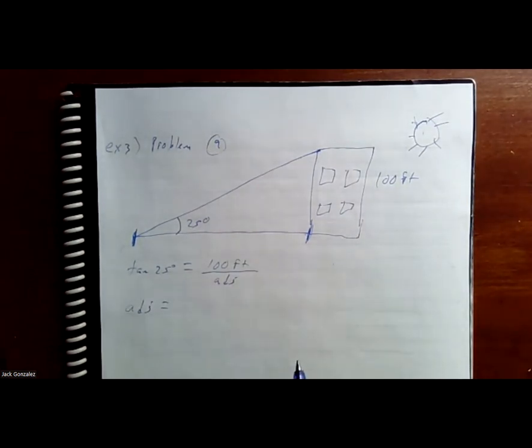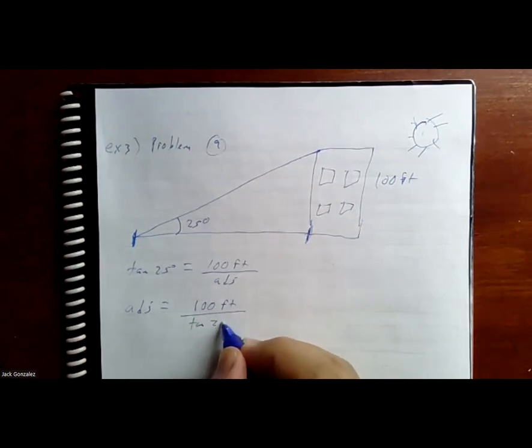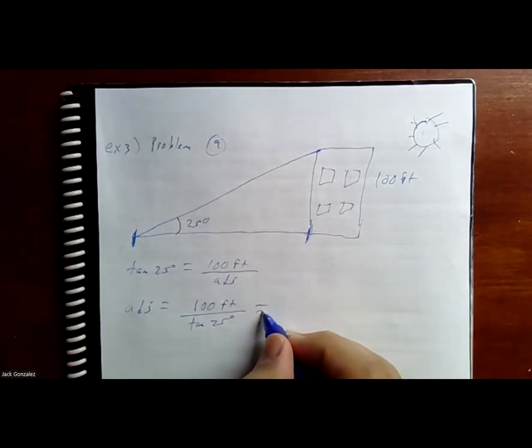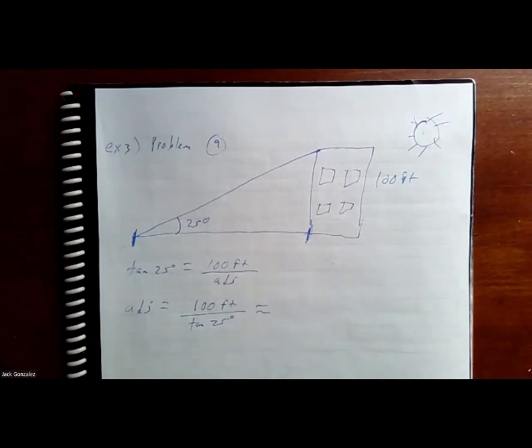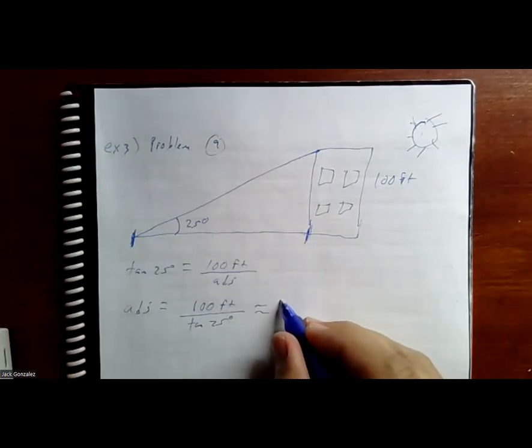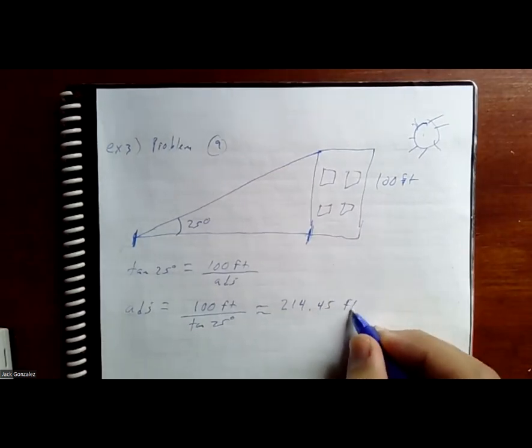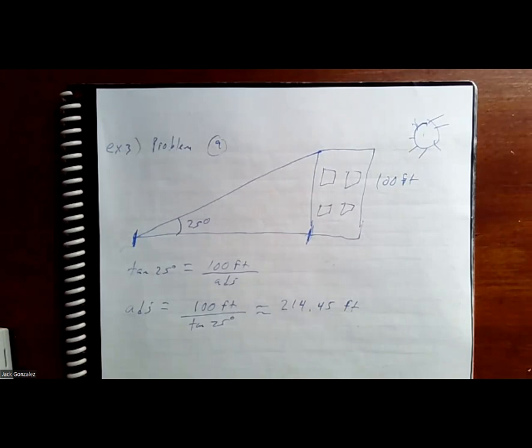Adjacent side will equal 100 feet over tan 25. 214 feet sounds reasonable for a shadow of a building. Any questions on the setup?